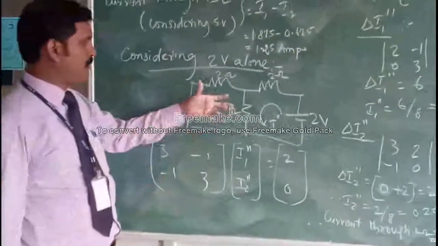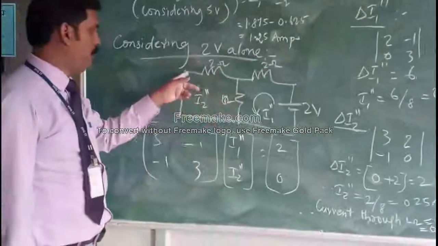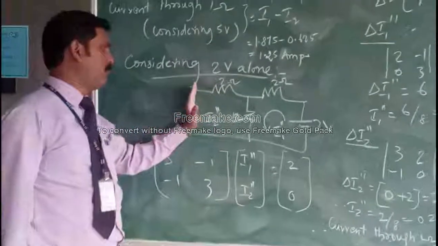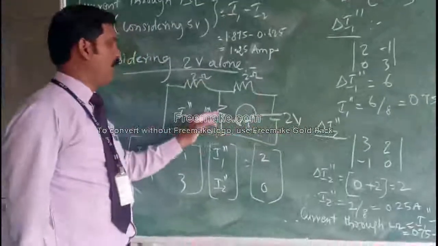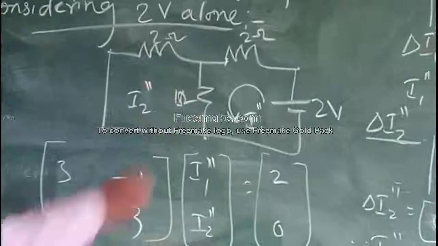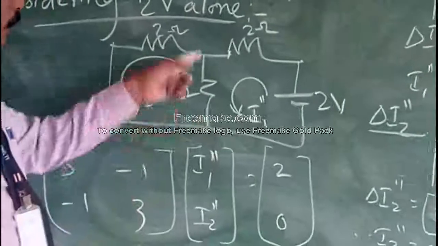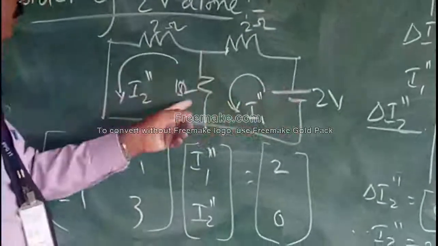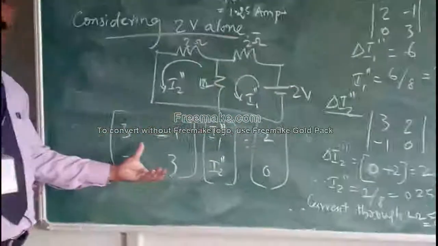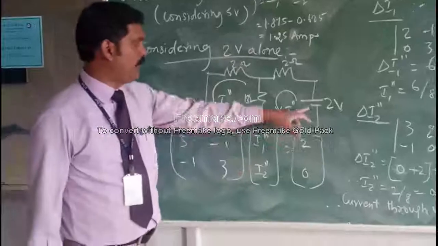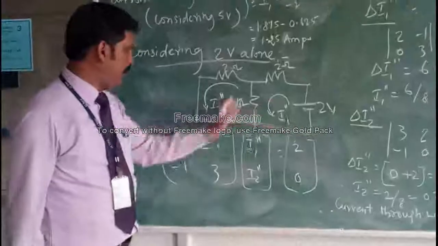So now let us consider 2 volts alone. I can redraw the circuit like this. I am going to make 5 volts inoperative, so I have short circuited it, and now I have marked I1 double dash and I2 double dash. Now the net current flowing through 1 ohm, while I am considering 2 volts, will be I1 double dash minus I2 double dash. Again, if I form a matrix using mesh loop analysis, I can see here 3 minus 1.